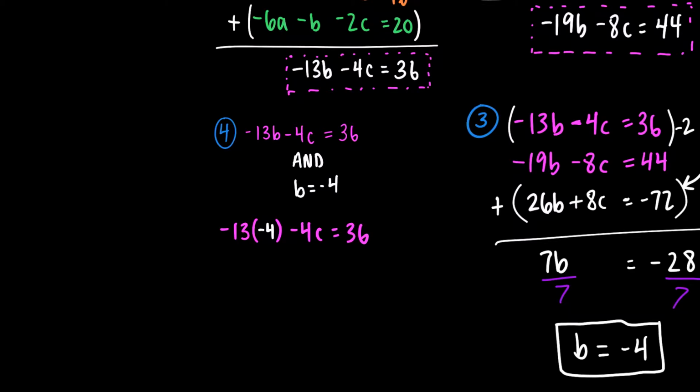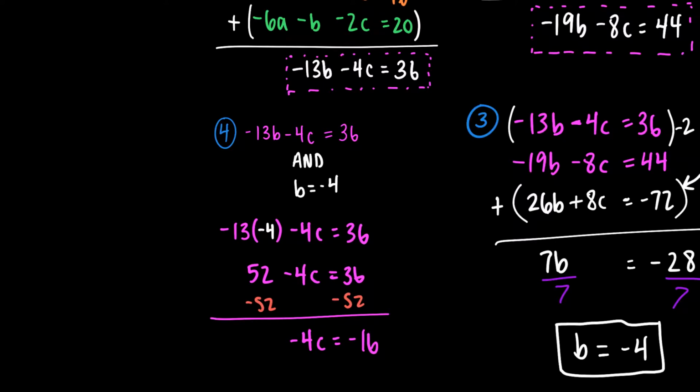So negative 13 times negative 4 is 52, minus 4c is equal to 36. I'd probably subtract 52 from both sides here. So we are left with negative 4c is equal to negative 16.